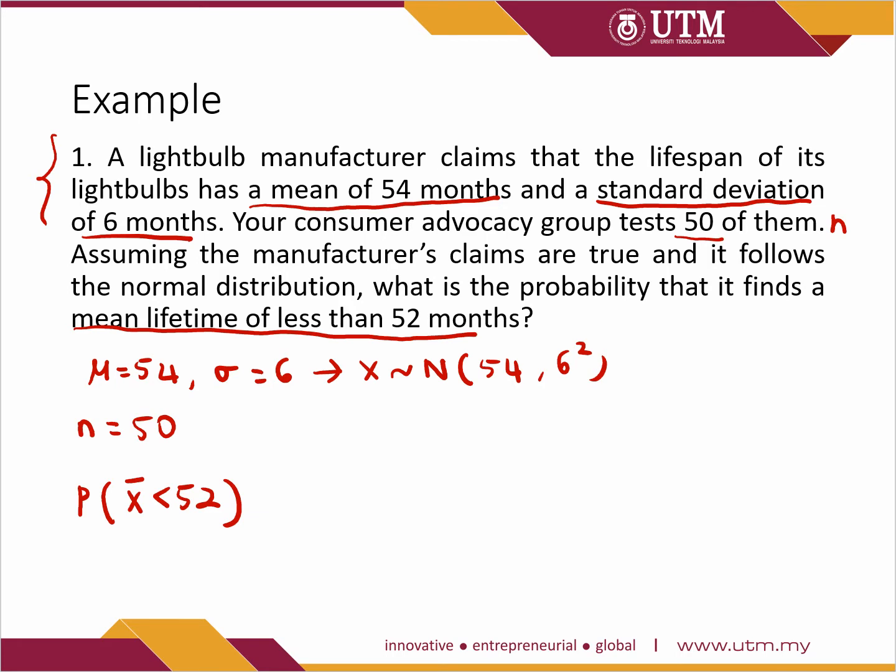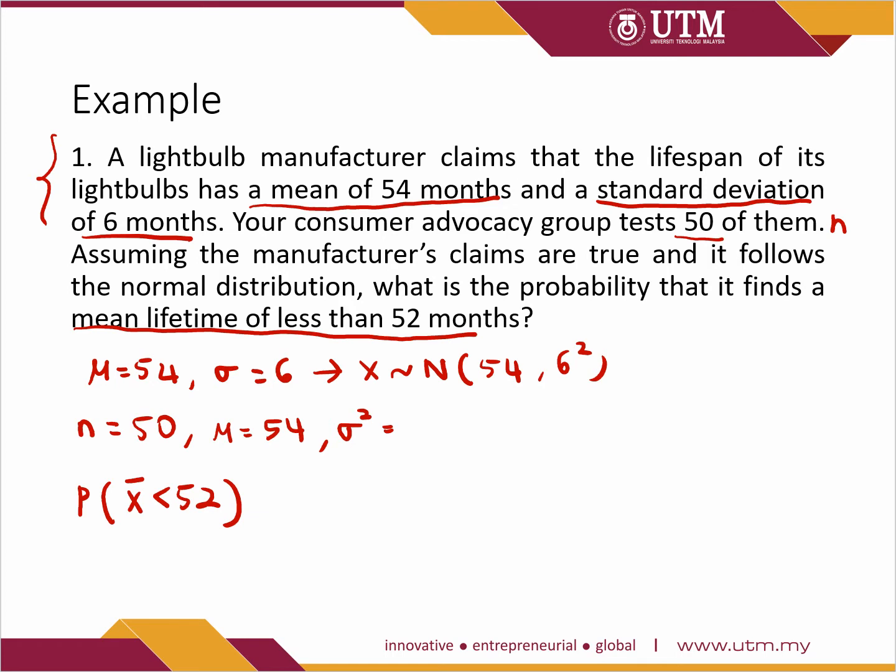So remember that I showed you the expected value, or mean, of the sample mean sampling distribution will be equal to the mean of the population. So the mean here would also be 54. And the variance for this sample mean would be the variance of the population over n, over sample size.